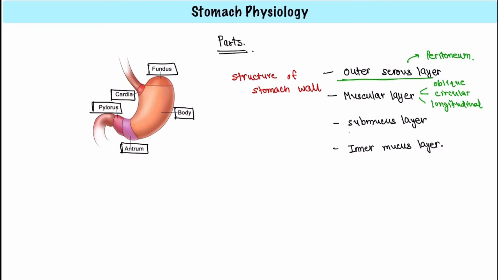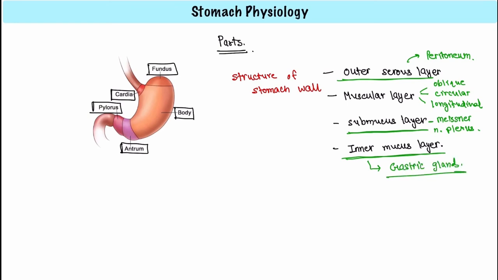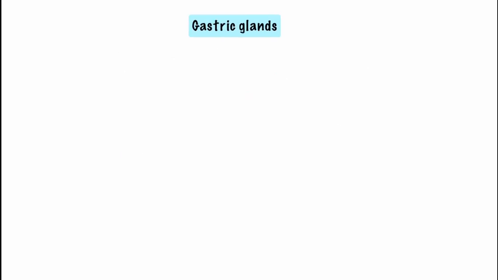Third is this submucous layer, which contains areolar tissue and blood vessels, and it also contains Meissner nerve plexus. And the most inner layer, inner mucous layer, contains gastric glands. Now let's understand gastric glands in detail.